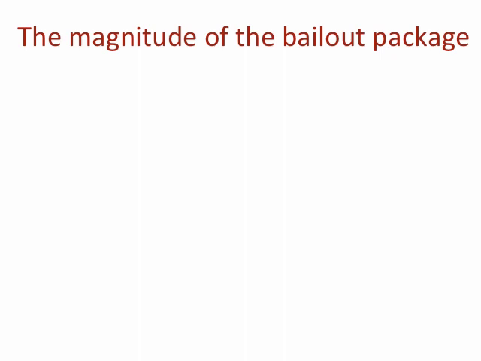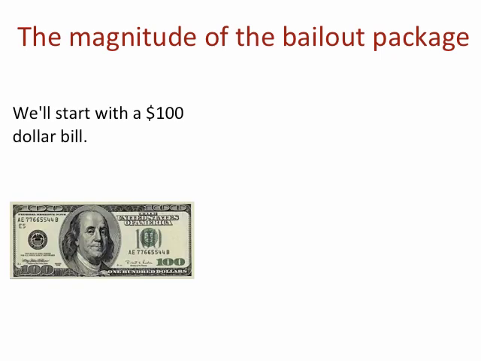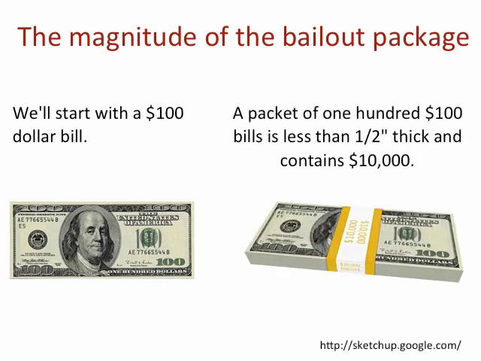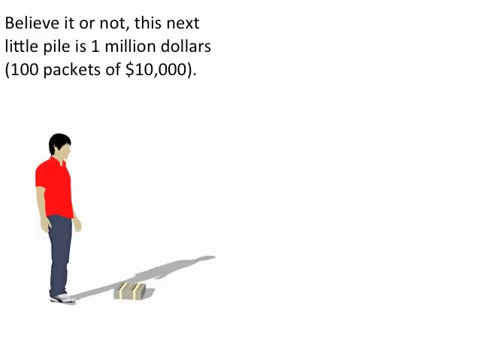So we're going to start with looking at the $100 bill. There is a thin piece of paper that's worth $100. If I stack them up into a bundle about half an inch thick, we have $10,000. If I take 100 of those packets and stack them up, I have $1 million.